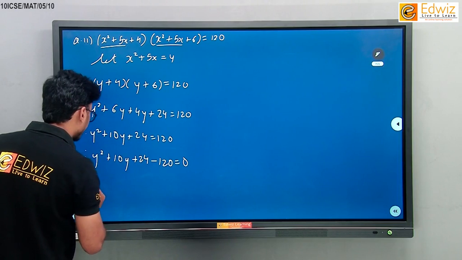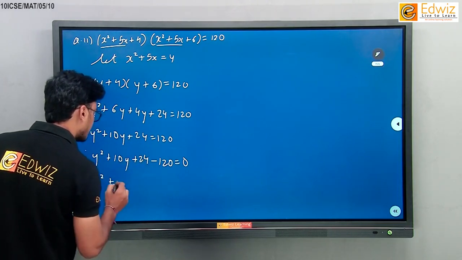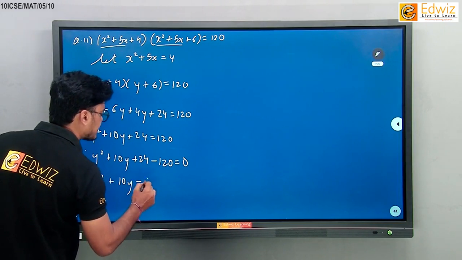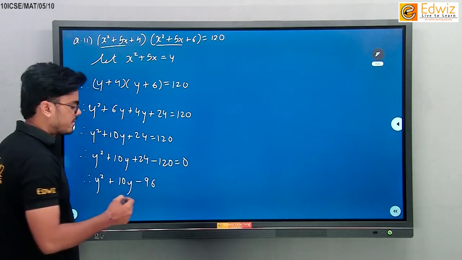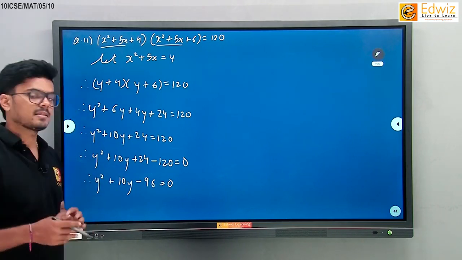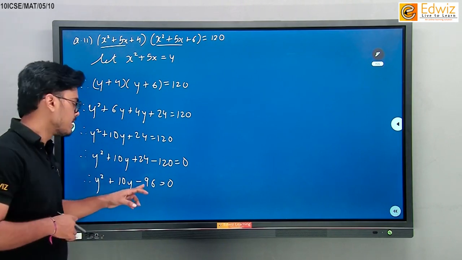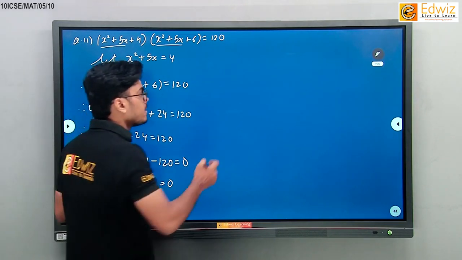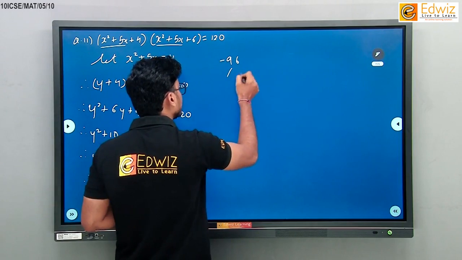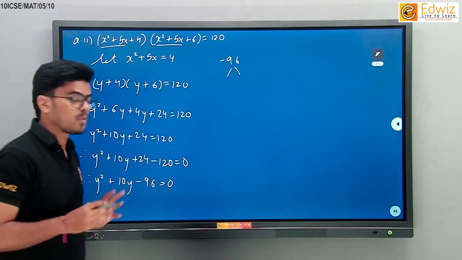The difference between them is minus 96, which is equal to 0. Now we need to factorize minus 96 in such a way that the difference between the factors is positive 10. Why difference? Because it is a negative number. We need two factors of minus 96 such that the difference between the factors is positive 10.